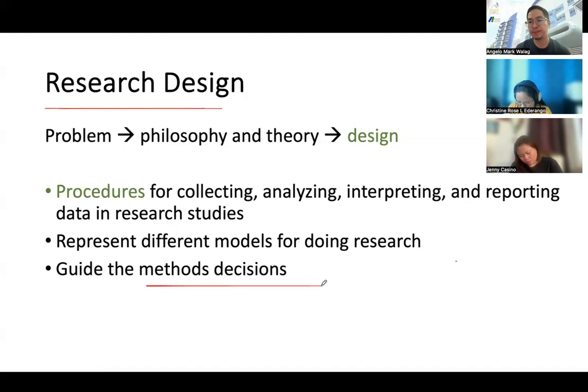So for example, if the study is a qualitative design, then you don't have to do a survey because it's a qualitative design. So your data collection technique would be interview, focus group discussions, document analysis, and so on. So it would be completely ironic to do a survey where your design is a qualitative design.